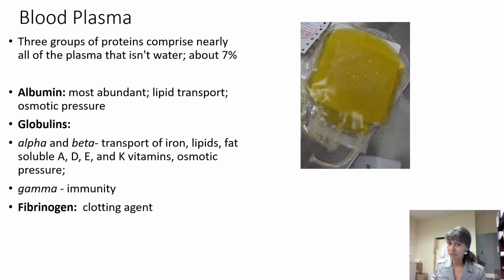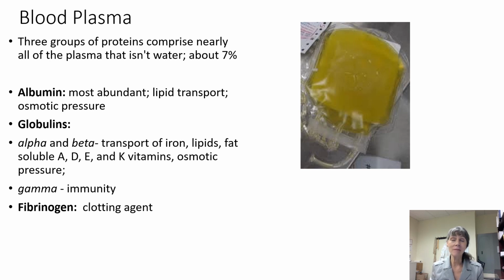Globulins come in 3 flavors. We have alpha globulins, beta globulins, and gamma globulins. The alpha and beta globulins help transport things like iron, lipids, and fat-soluble vitamins, which include A, D, E, and K, as well as contribute to osmotic pressure so that not all the fluid goes through the kidneys into the potential toilet.